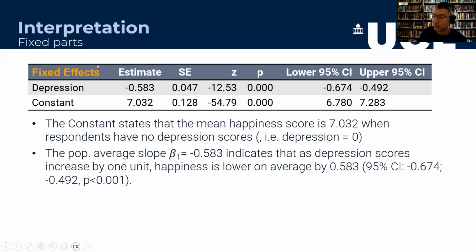And the other fixed estimate that we have is the one of depression. So this would be our beta 1 slope, average slope. And this tells us what is the relationship between depression and happiness.